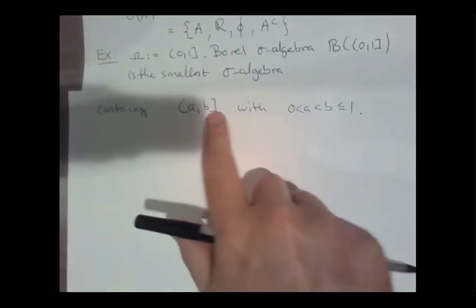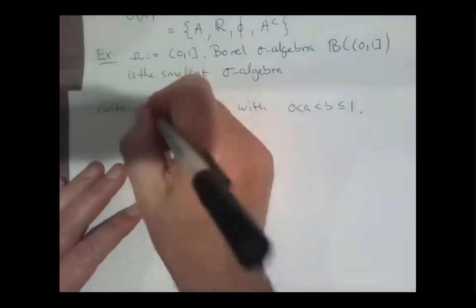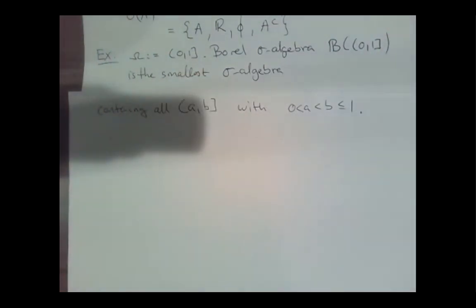So the smallest sigma algebra that contains all such intervals, this is called the Borel algebra.